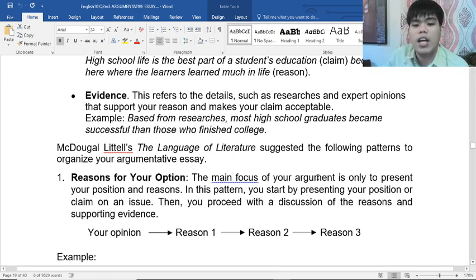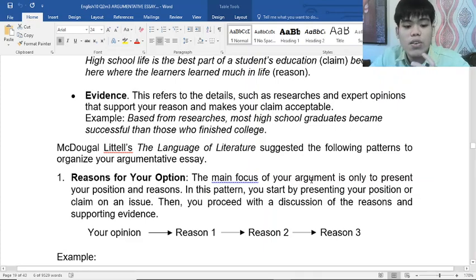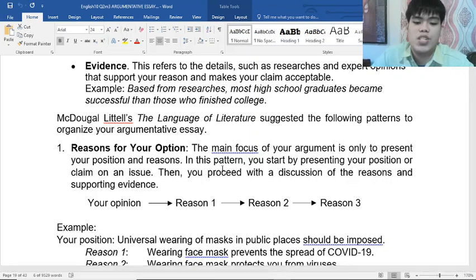Now, here we have the different patterns. According to McDougall Littell's The Language of Literature, the following pattern is suggested to organize your argumentative essay. Reasons for your opinion. So, the main focus of your argument is only to present your position and reasons.